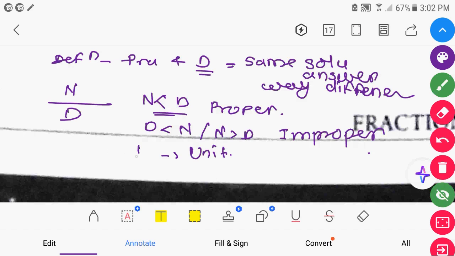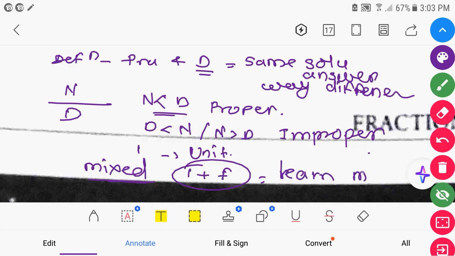Then we learned about the mixed fraction, where whole number plus fraction is there, and we learned how to convert mixed fraction into the improper fraction or proper fraction, or improper fraction to mixed fraction.